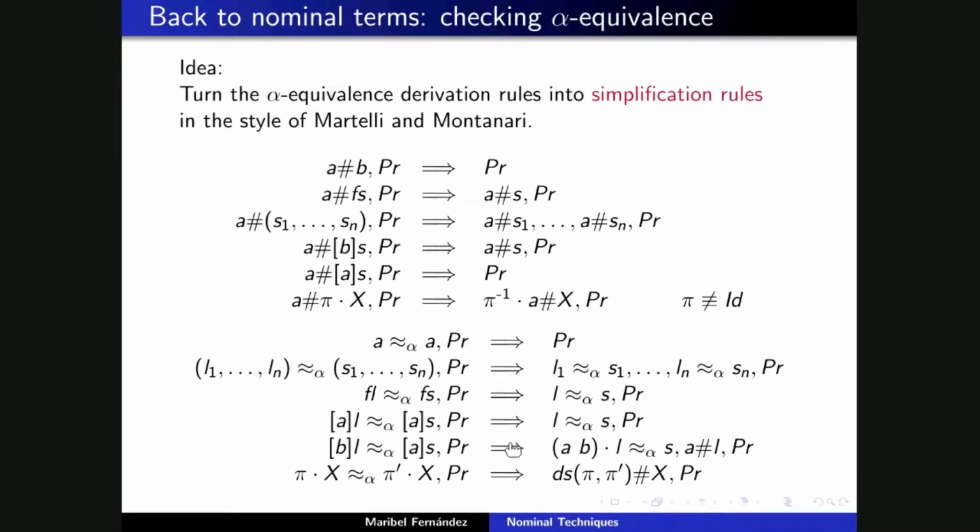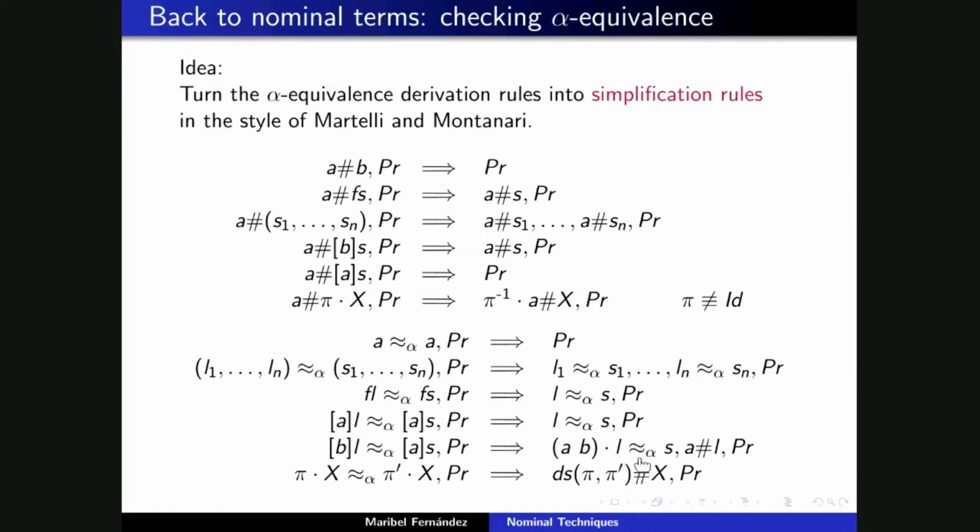So the places where we need to look for potential problems to get efficiency is the management of permutations. These simplification rules, for example this one and this one, the one for abstractions, generates a permutation, a swapping that needs to be applied to L. Now, (A B) act L itself is not a term.